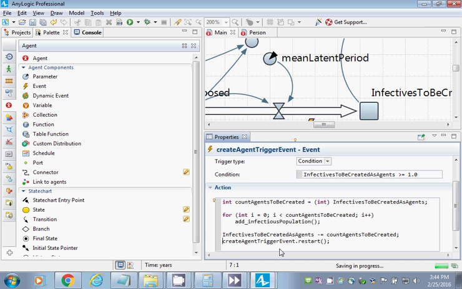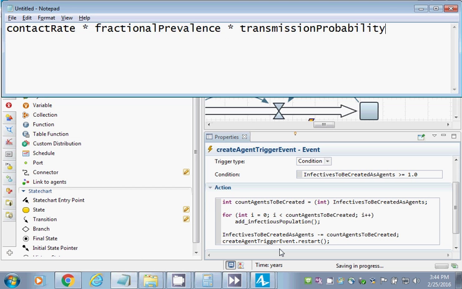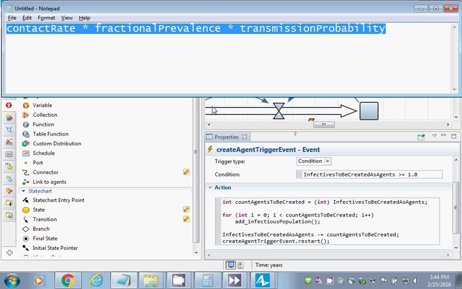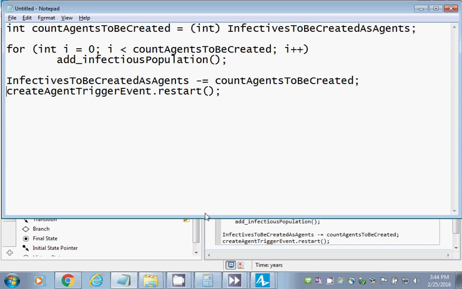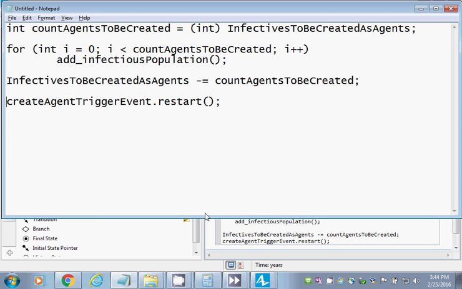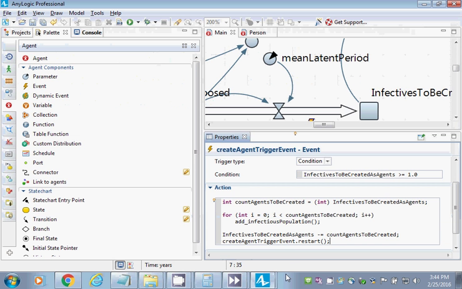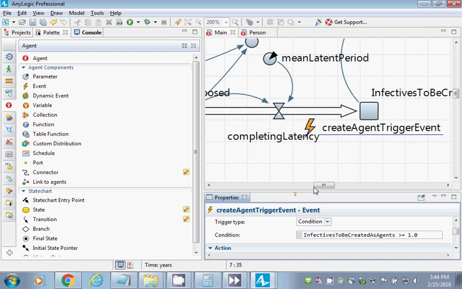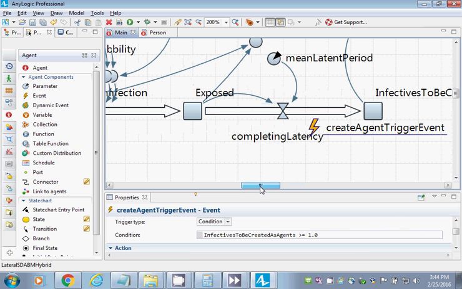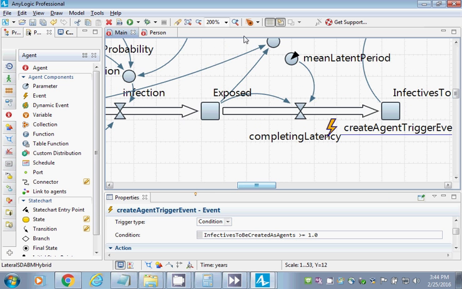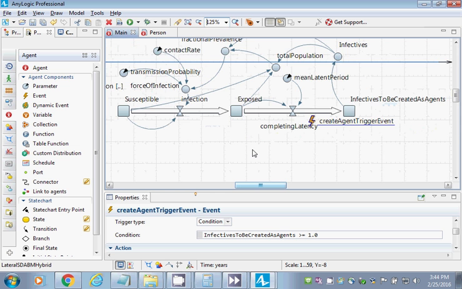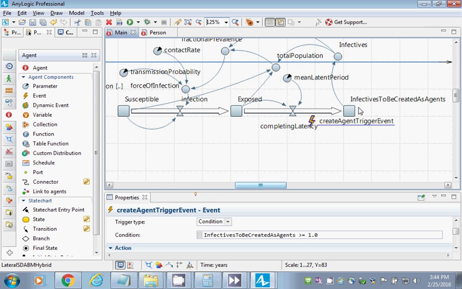We get here a count of them to create, an integer count. So maybe there's 3.4 waiting to be created. Count agents to be created is 3, the integer part of that. We then iterate up 3 times and create 3 full agents into our population. The count of infectious people to be created has been 3.4, but we've created 3, so we deduct that 3 from it.